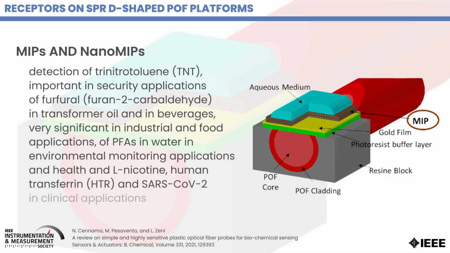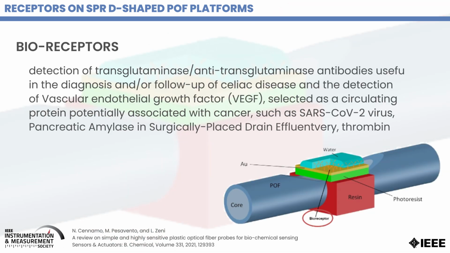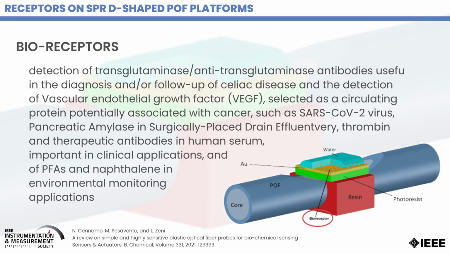used for the detection of TNT, an important analyte in security applications, or, for instance, for the detection of perfluorinated compounds in environmental monitoring. With regards to bioreceptors, this kind of optical probe has been coupled with both antibodies or aptamers for the detection, for instance, of celiac disease, or for the detection of tumoral biomarkers.